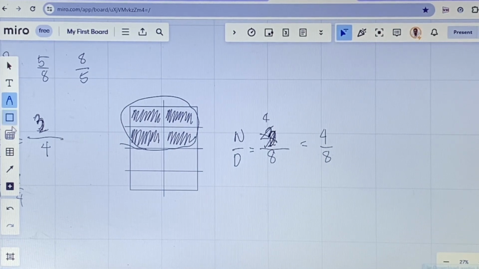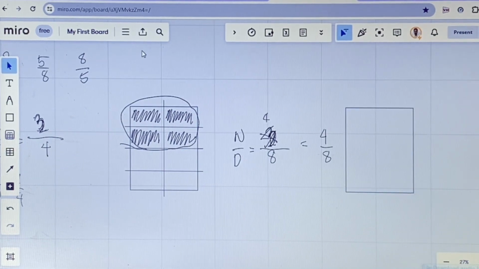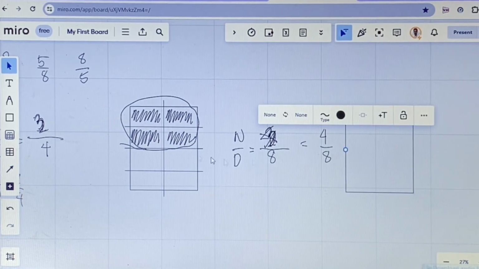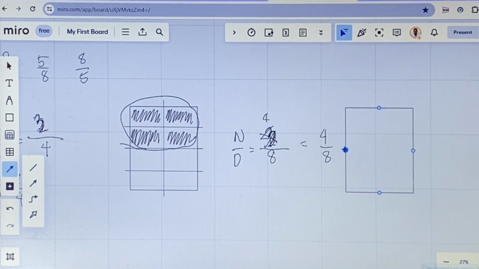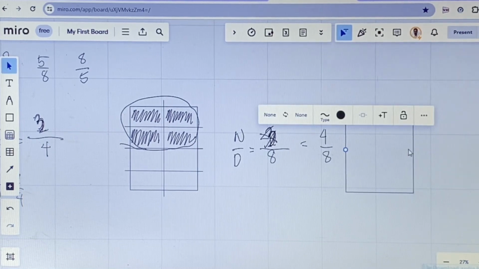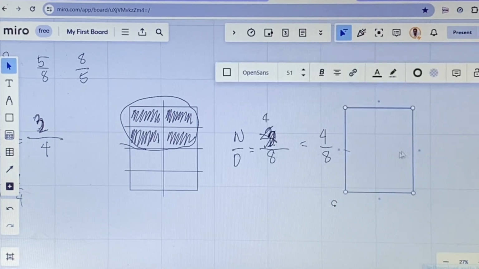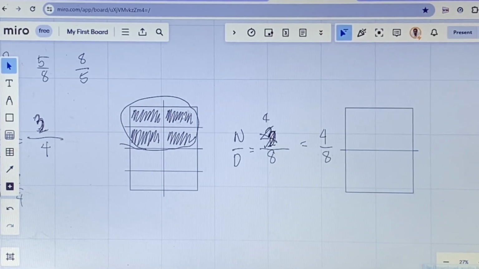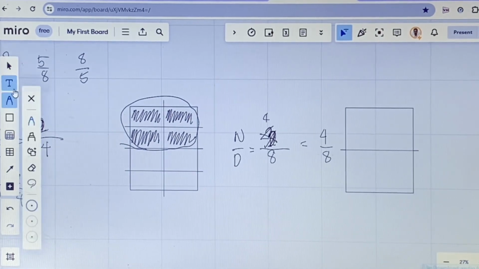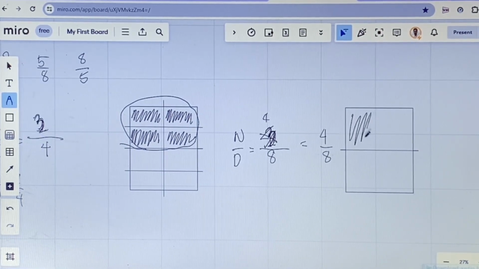So basically, it's like this. Let's say I'm gonna draw a rectangle. Imagine this is the same size, and it's divided into only 2 parts, like this. And the shaded part is the upper part.